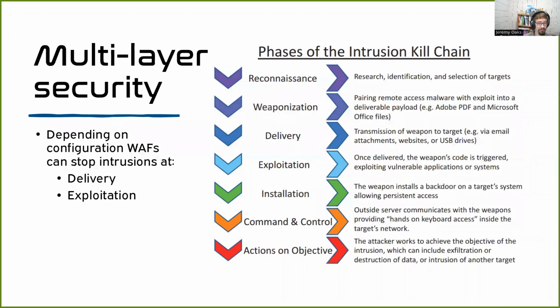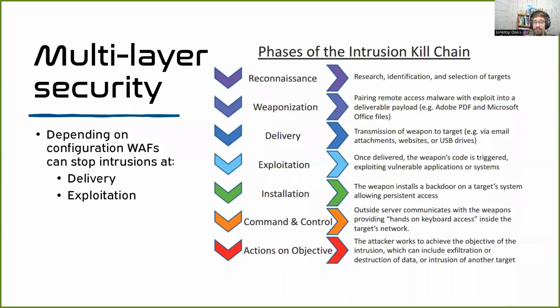In our previous webinar on reverse proxies, we covered how a proxy can be used to provide protection against reconnaissance and weaponization, with a few bits of delivery protection as well. A WAF picks up right where the reverse proxy leaves off, with delivery and exploitation protections.